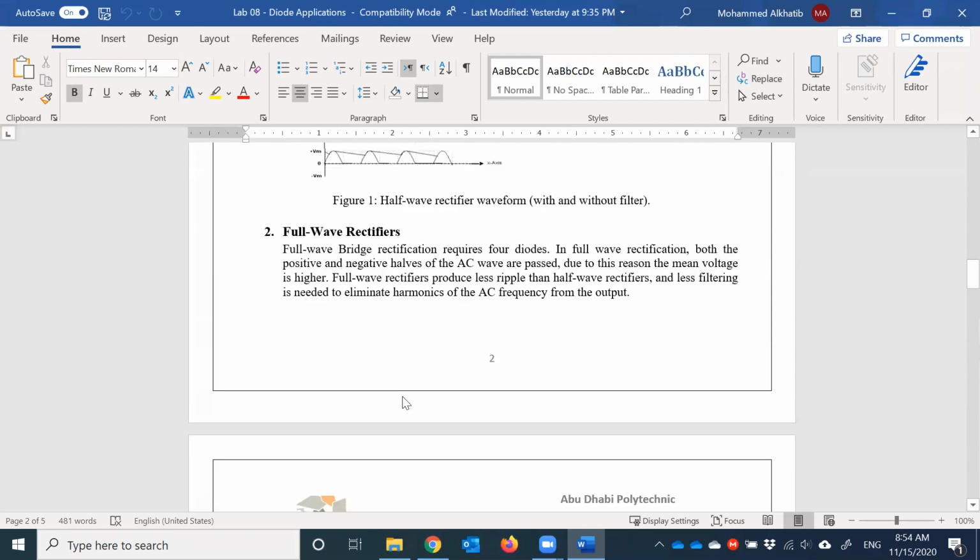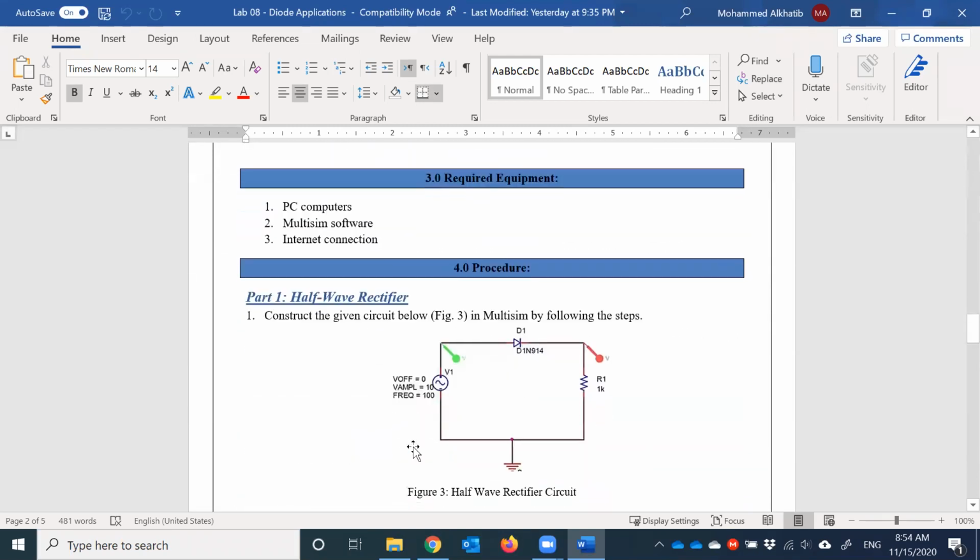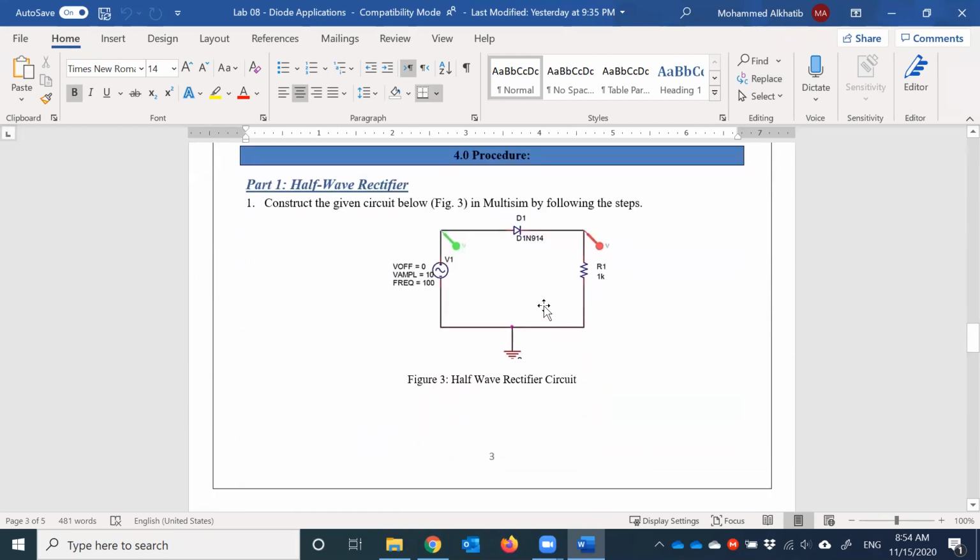So basically you have to construct the circuit here for a half-wave rectifier, and we want to track the input voltage and the output voltage and see that only positive half cycles will appear and negative half cycles will be rejected, of course, with respect to the input signal.